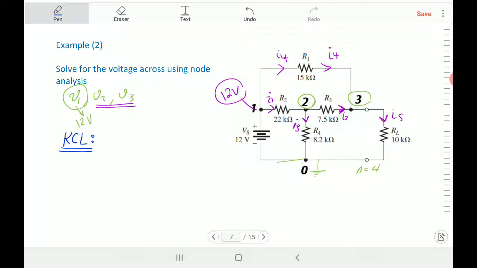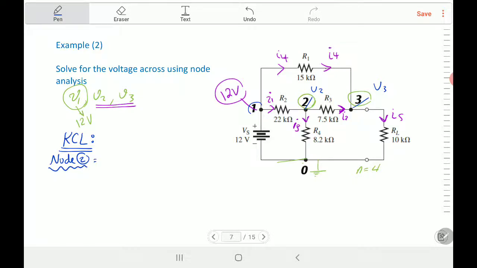The number of Kirchhoff current law equations that you are using is equal to the number of independent nodes. You have only 2 independent nodes, V2 and V3. Again, I will remind you, this node is not independent, it is dependent and the value is known, so you don't have to write an equation for it.